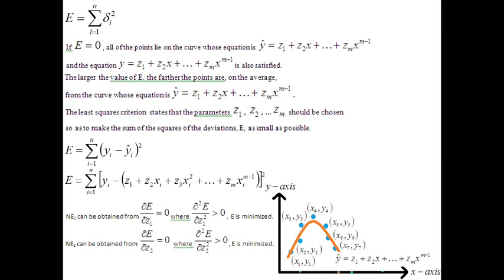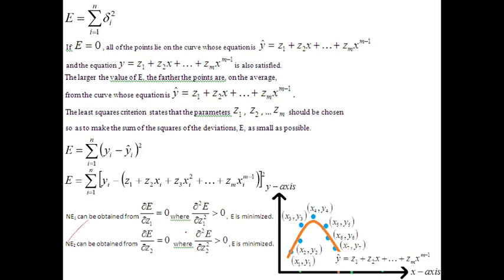The partial derivative of E with respect to Z1. Del E over del Z sub 2 equal to 0, where del squared E over del Z sub 2 squared is greater than 0.